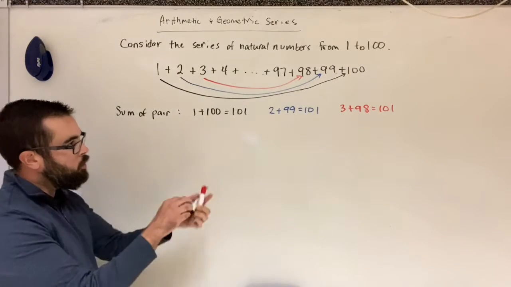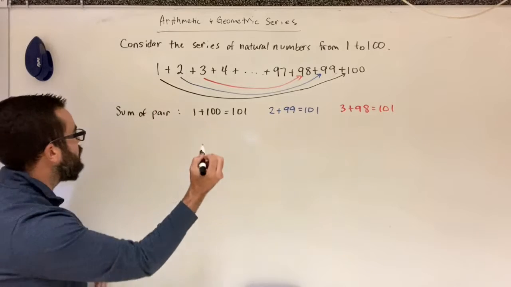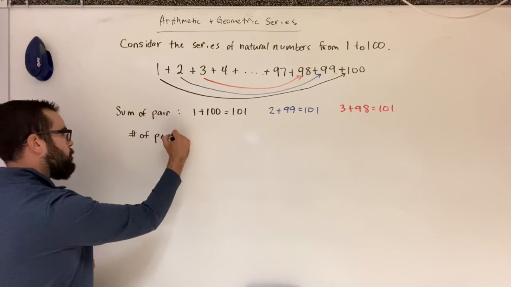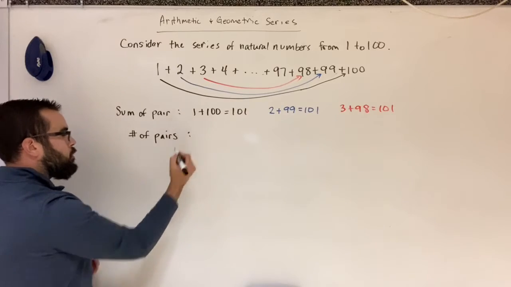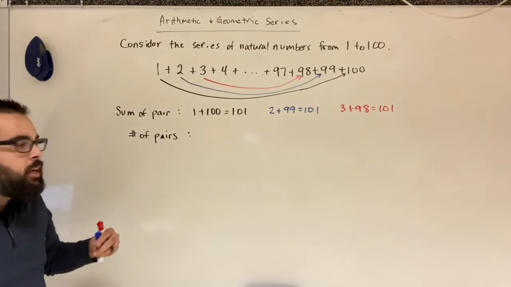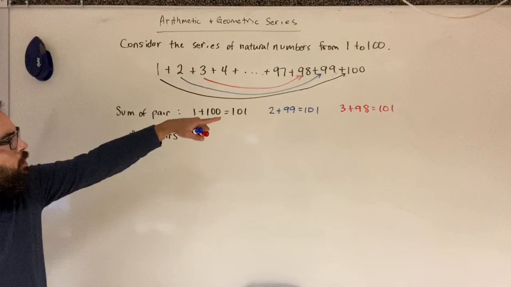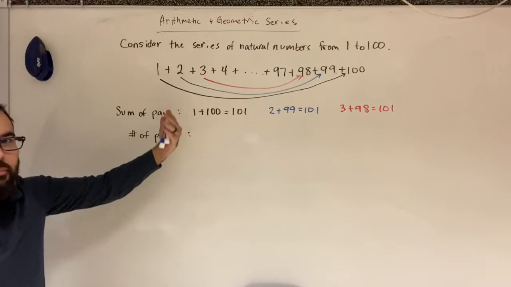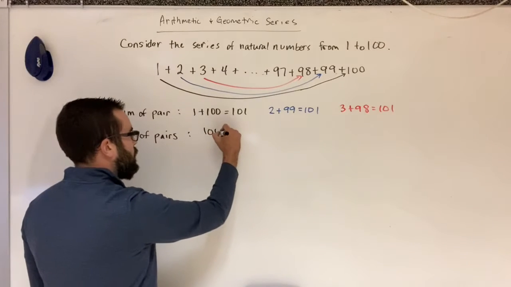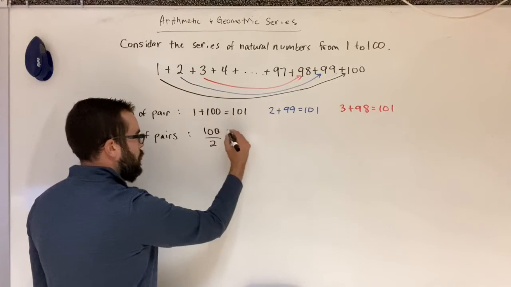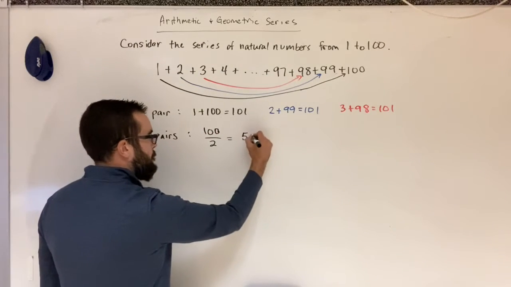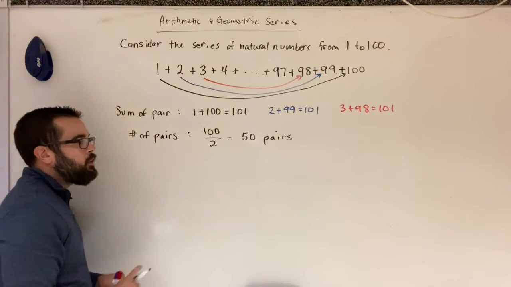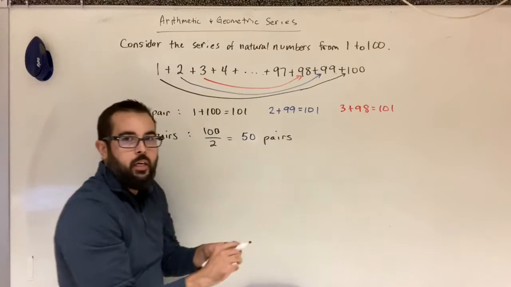So he wondered, how many of those pairs are there? Well, there's 100 terms, and if I'm pairing them up, that's dividing it by 2. So there's 50 pairs of this sum of 101.